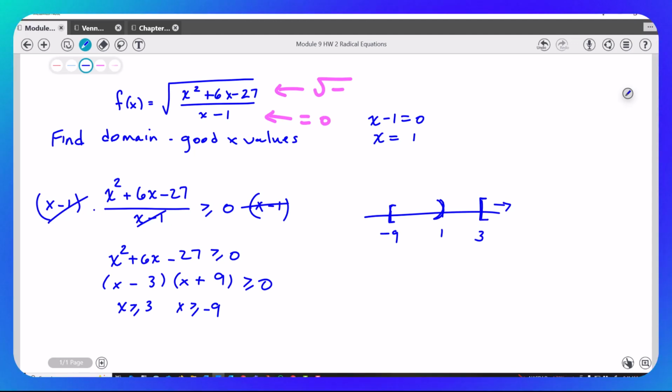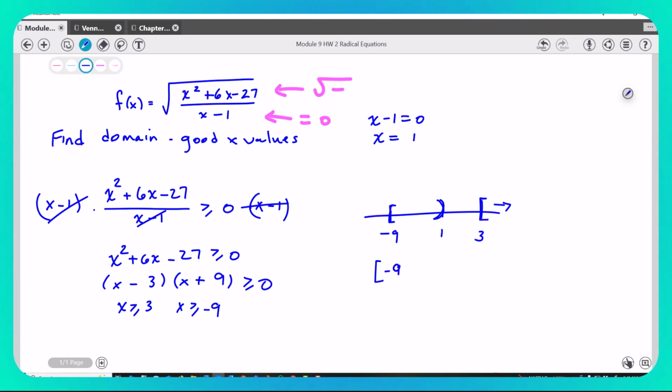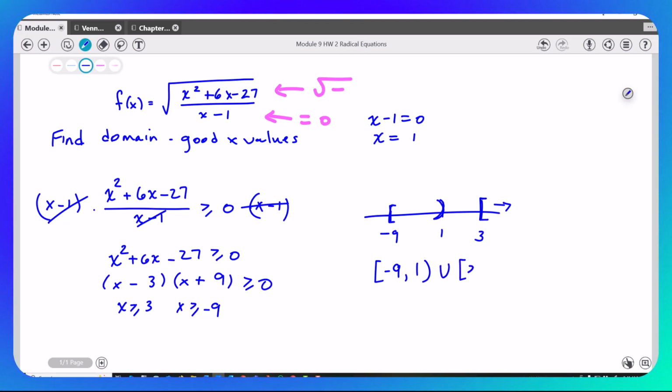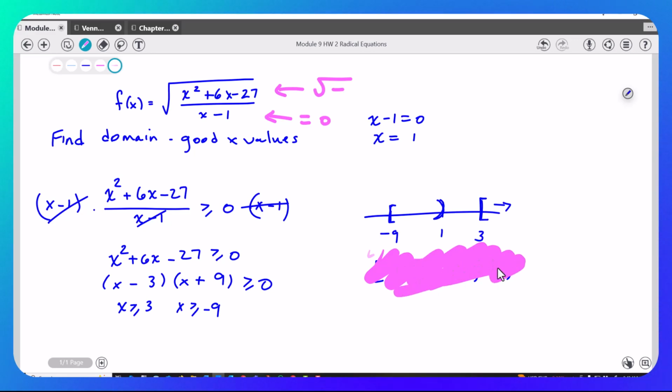So to write this in interval notation would be from negative 9 to 1, parentheses, union, and now 3 to infinity, parentheses. And this would be my final answer.